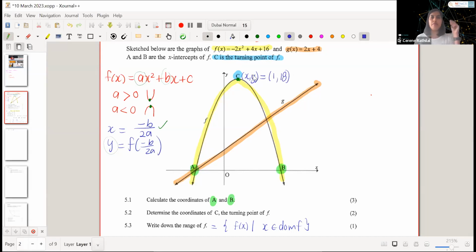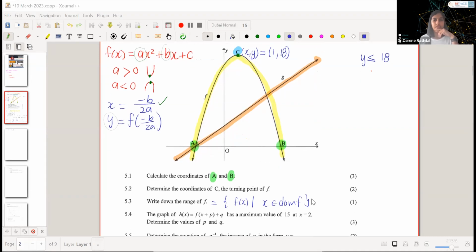So I know that the maximum y value that this yellow graph can attain is 18. And so what I can then say is that y can be less than or equal to 18. Does everybody understand that? So this amounts to simply saying that this is all of the f of x's.